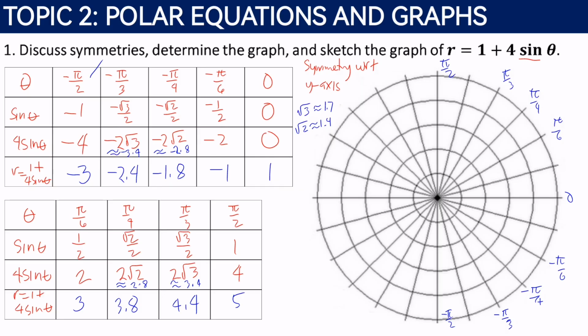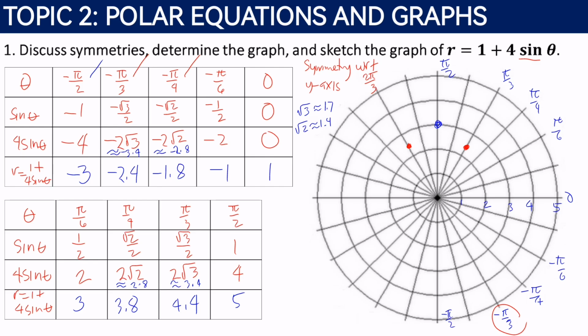So that is 1, 2, 3. This is 1, 2, 3, 4, 5. Next, let's use red. At negative pi over 3, we have negative 2.4. So opposite to that is 2 pi over 3. I have negative 2.4, 2.4 somewhere here. And since there is symmetry, I also have a point here.